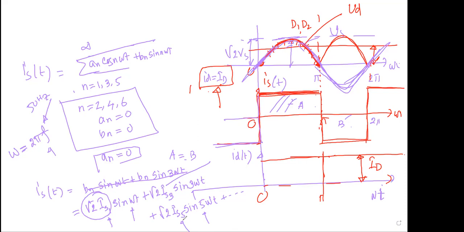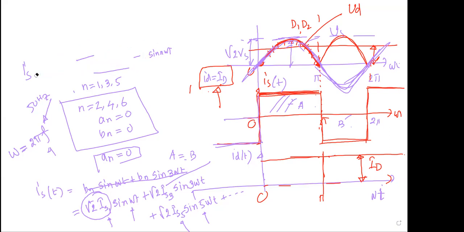Yes, sir. Okay. Now we have to find out the unknown, IS1, right? We don't know what IS1 is. We have to find it out. Let me try to find it out by using some equation.